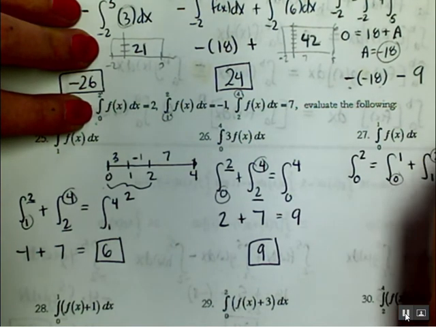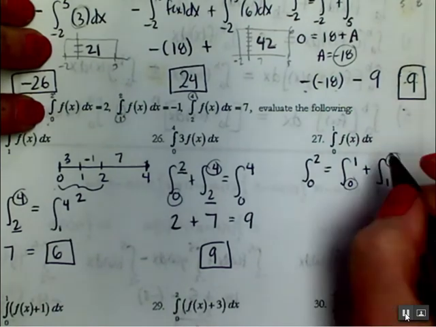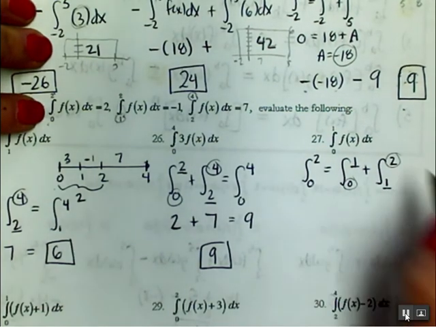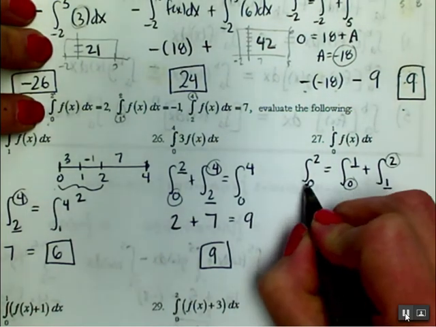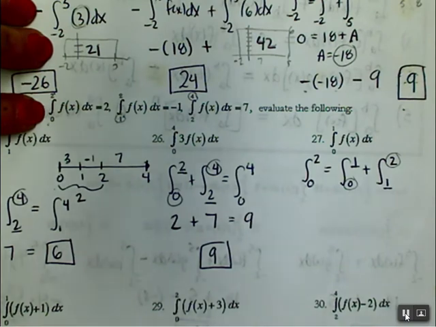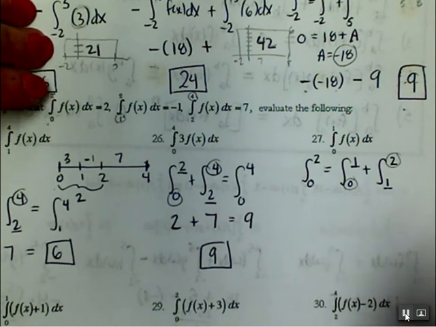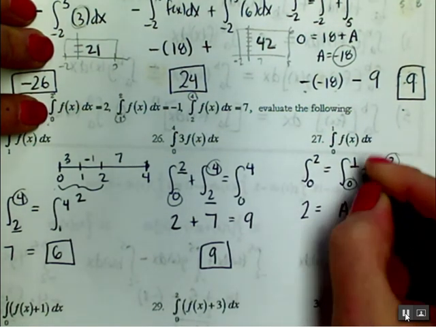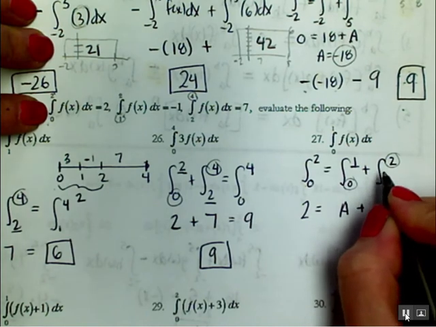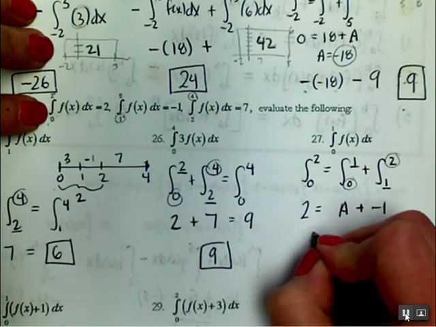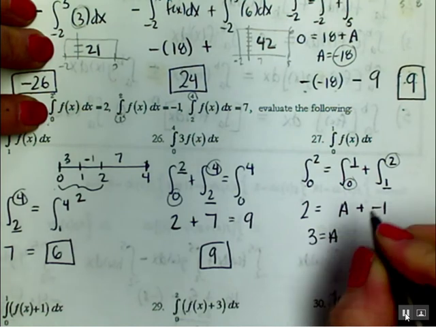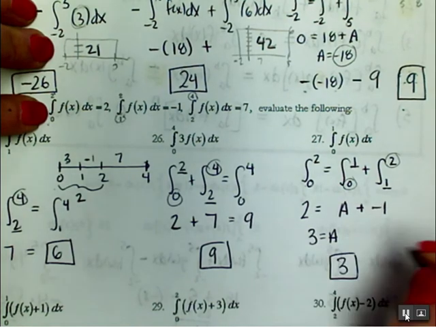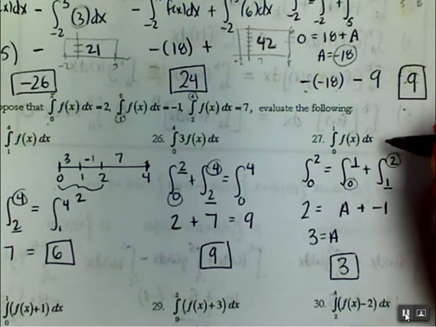It's important that the middle number always connects the start and the stop of the other integral. Most left and most right. Okay, well, which ones do we know? We know this one. This is the unknown area, and 1 to 2 is -1. That means that the integral area we are looking for is 3.